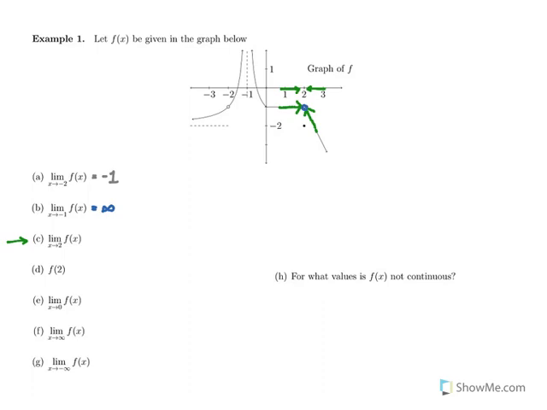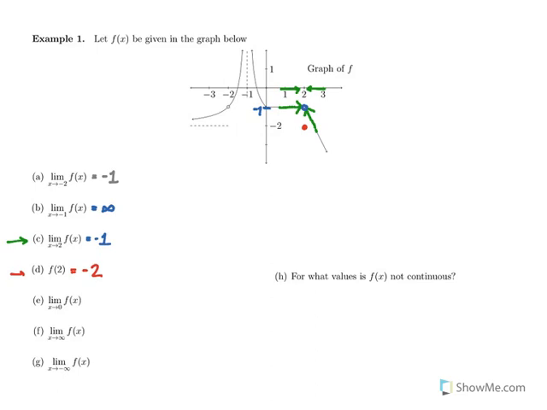And the function value associated with that is going to be -1. Note that the actual function value itself at that point is going to be -2. In fact, that's the answer to the next question, that the actual function value itself is -2, but the limit is different than that. It's -1, which means that the function is not continuous at that point.